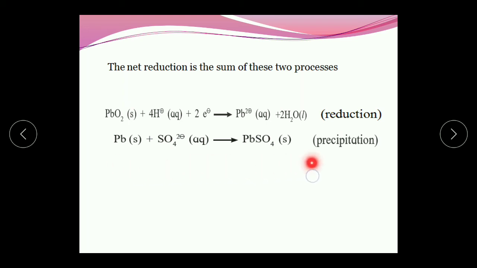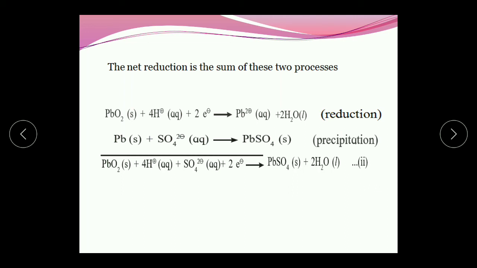That will be the sum of these two reactions, and this is what we call the net reduction reaction or overall reduction reaction. So PbO2 plus 4H plus SO4 minus 2 plus 2 electrons will convert into PbSO4.